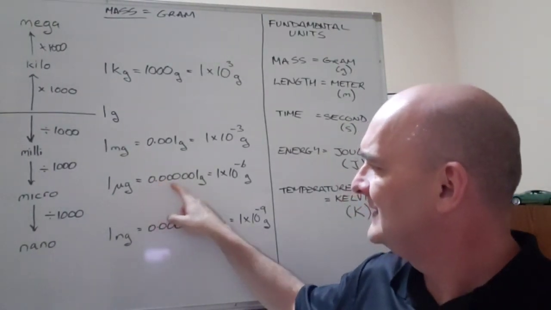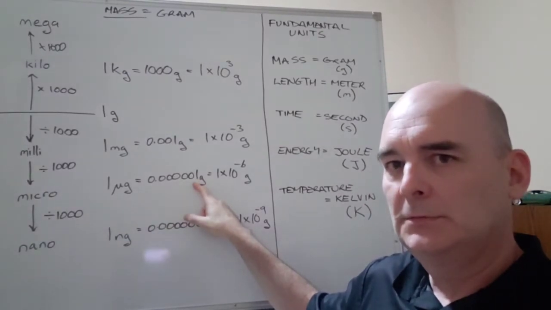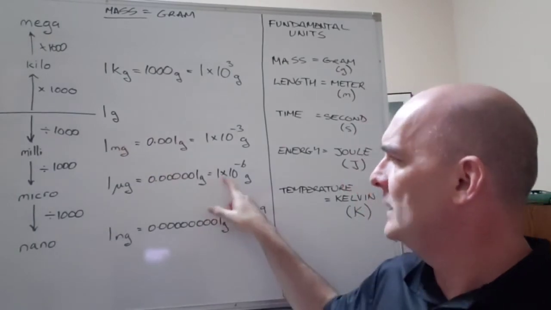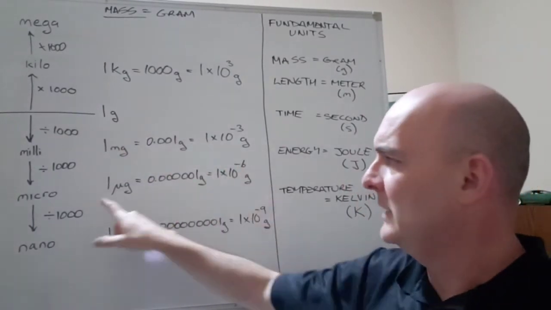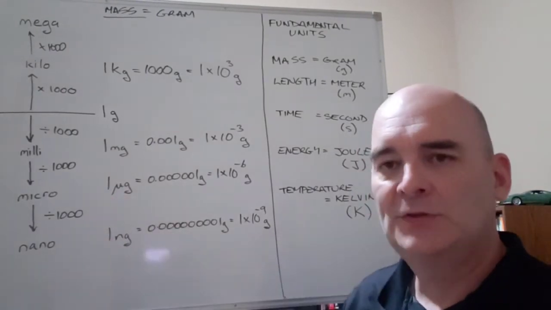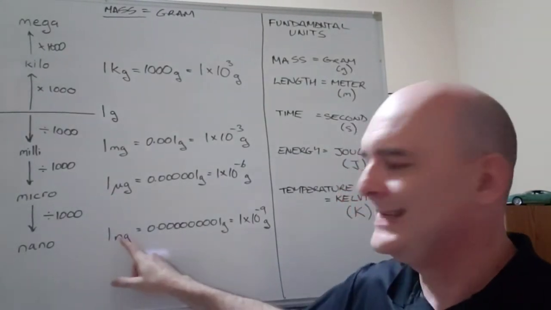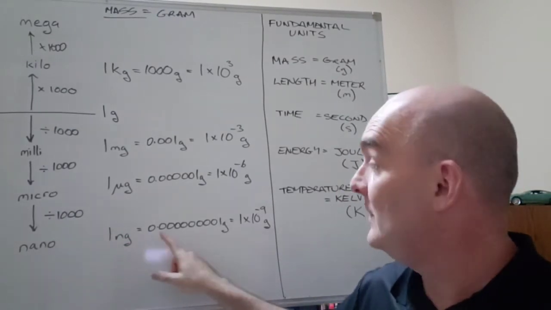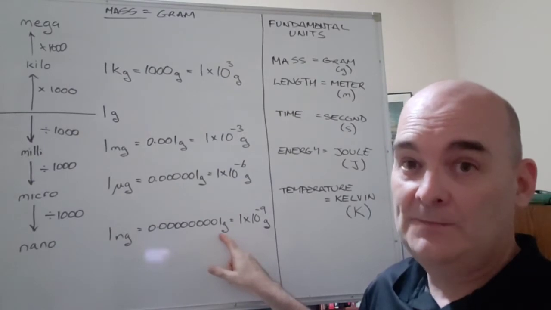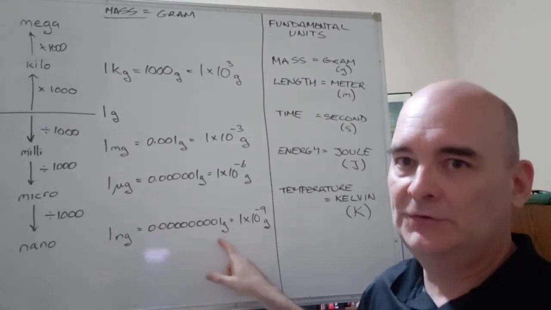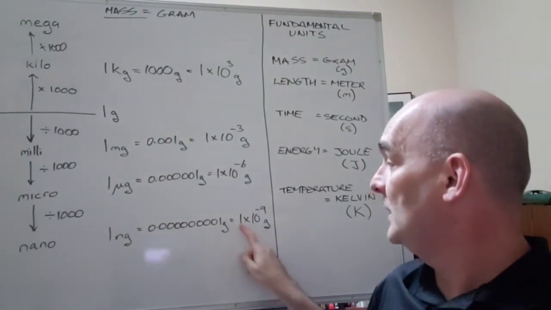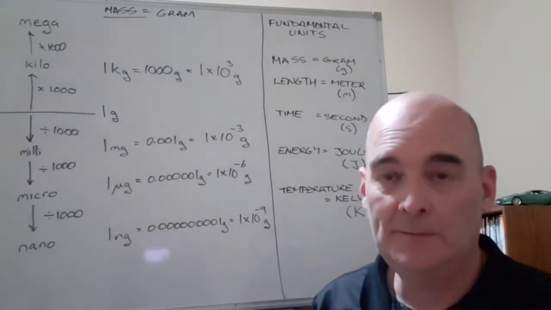So that is 6 zeros. It's 1/1,000,000th of the original gram. So that is 1 times 10 to the negative 6. And if I take a microgram and I divide it into 1,000 equal pieces, then I get a nanogram. And a nanogram is 1/1,000,000,000th of a gram. It has 9 zeros if you include the 1 that goes before the decimal point. So it is 1 times 10 to the negative 9. Okay.